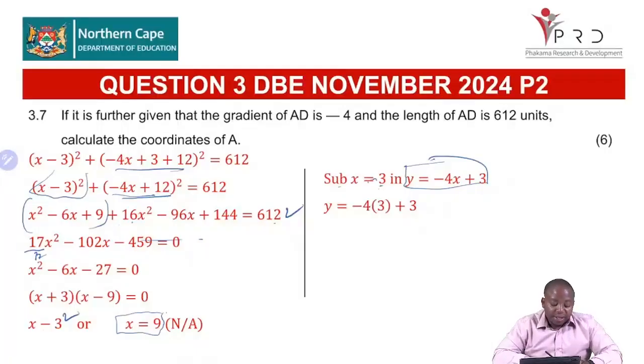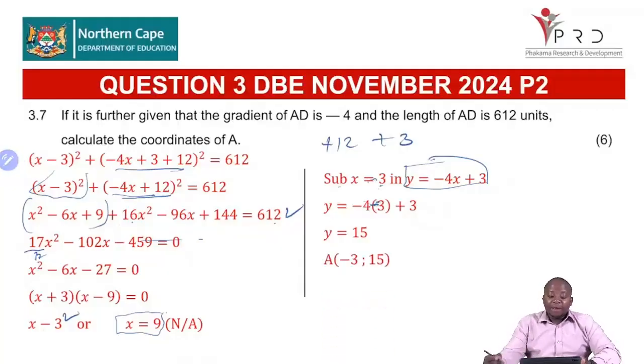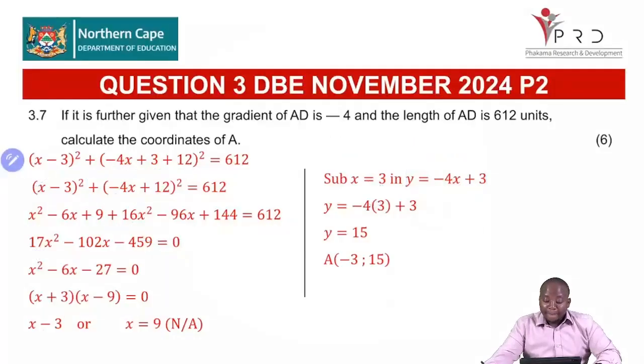So we're going to have negative 4 times negative 3, which is positive 12, plus 3. So this was a typing error. Then my y is going to be 15. Right, then the coordinates of A are negative 3 and 15.